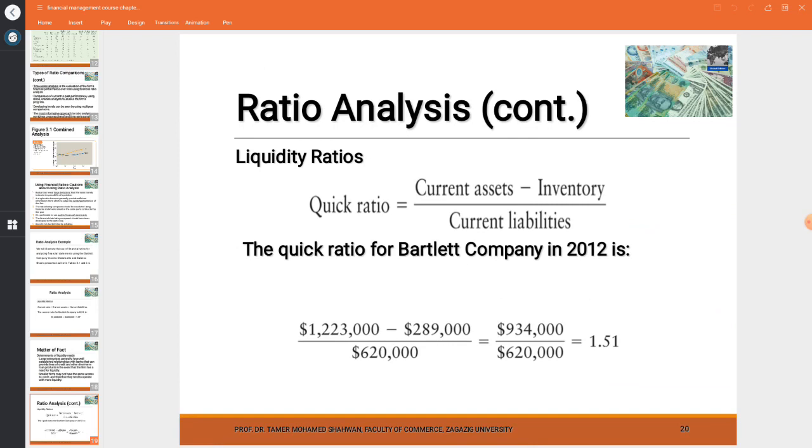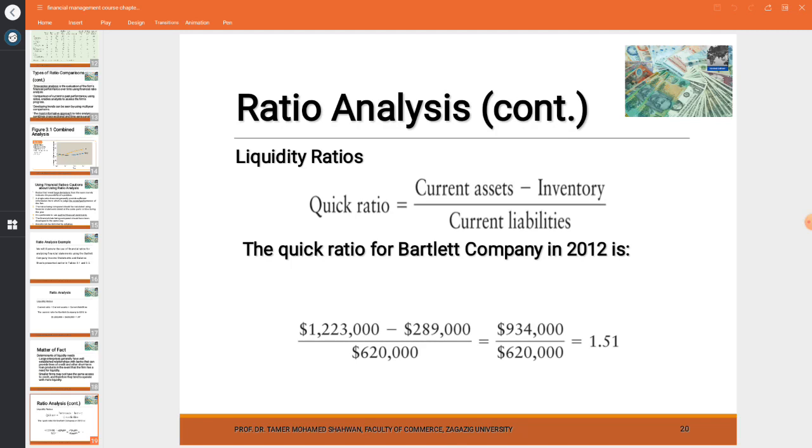Why do we subtract it? Because in most cases, inventory is the element in the current assets that is least easily converted into cash. You need a lot of time to convert this inventory into cash.